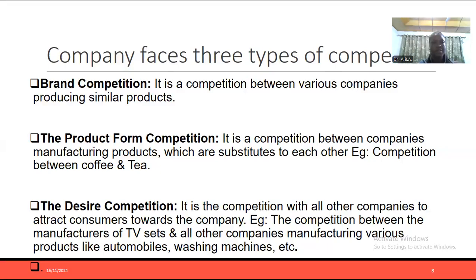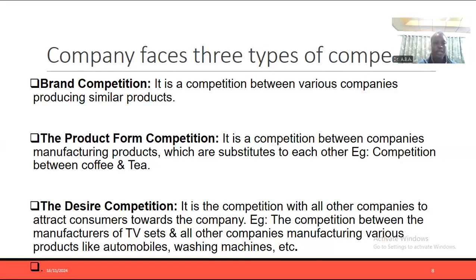Okay, so that is the product form competition. It's a competition between companies that manufacture substitute products, or products which can be substituted for each other. So in a case where you don't have coffee, you can use tea.